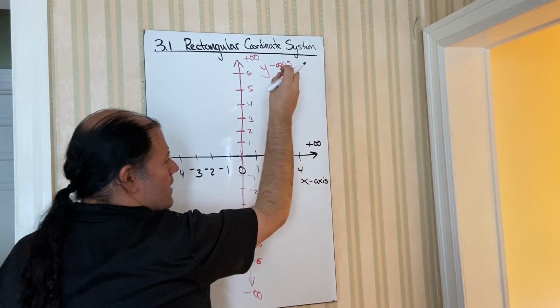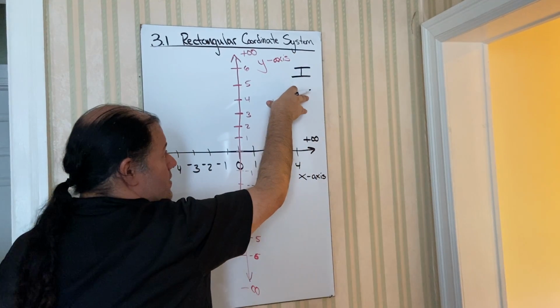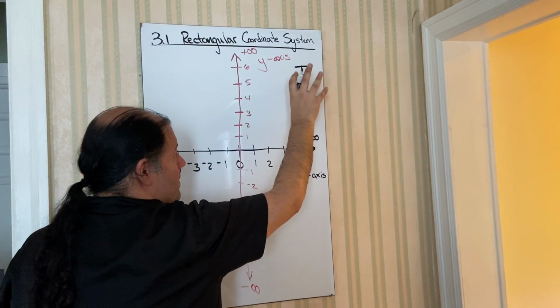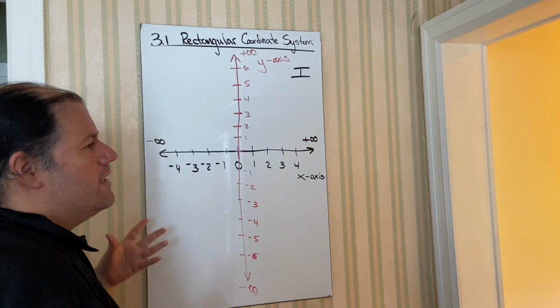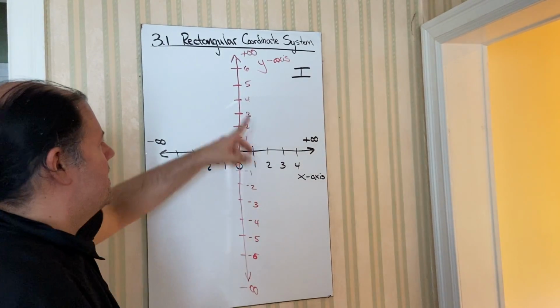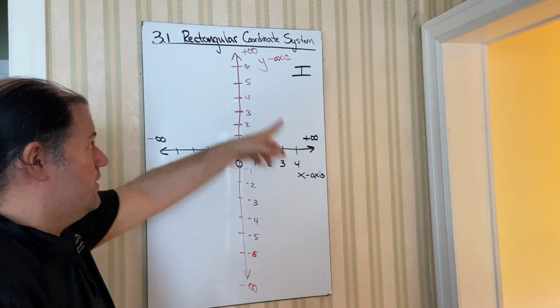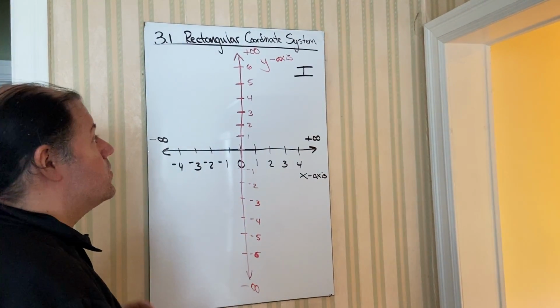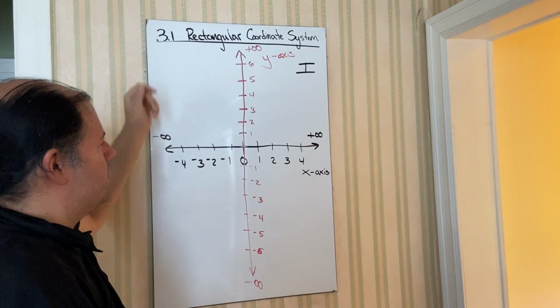So anytime I say quadrant 1, we're always talking about this corner that is upper right-hand side. Now, we're going to number this not going clockwise, but counterclockwise. And also, we're going to use Roman numerals, not plain ordinal numbers.